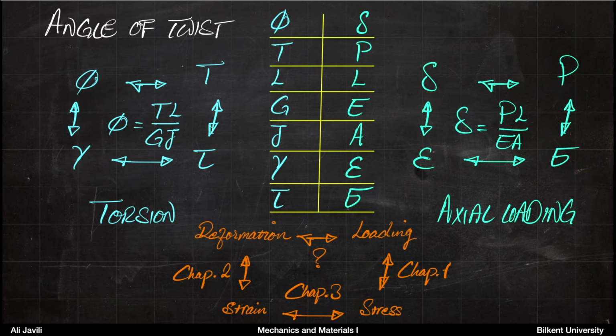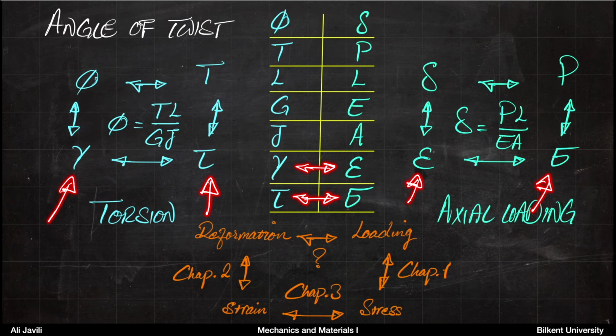For a torsion problem, the analogous quantities are phi, T, tau, gamma. So basically, instead of normal strain in an axial loading, you have shear strain. Instead of normal stress in axial loading, you have shear stress in a torsion.